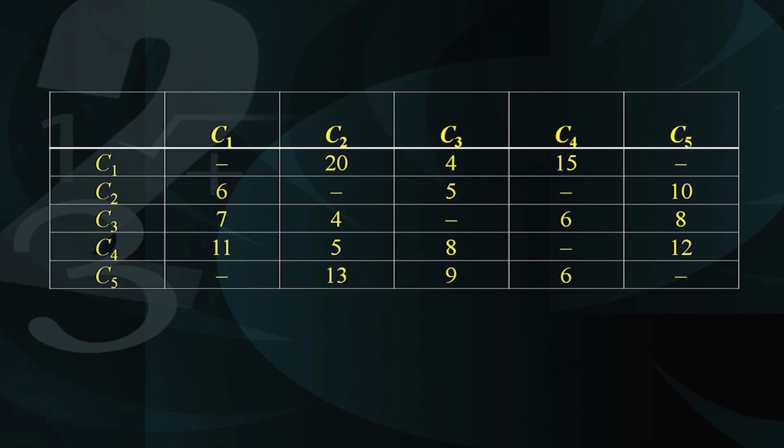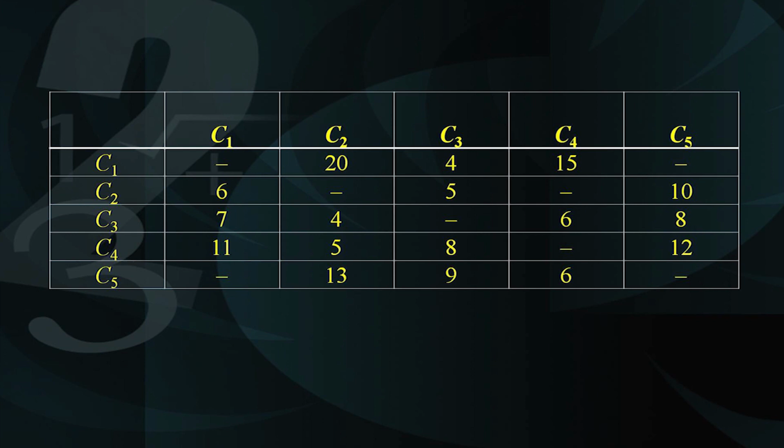Now, this is the data that is given in the problem. You will note that the diagonal elements in this matrix are marked with a dash, indicating that there is no point of travelling from C1 to C1. Similarly, there is no point of travelling from C2 to C2. That is the reason why the diagonal entries are blank.